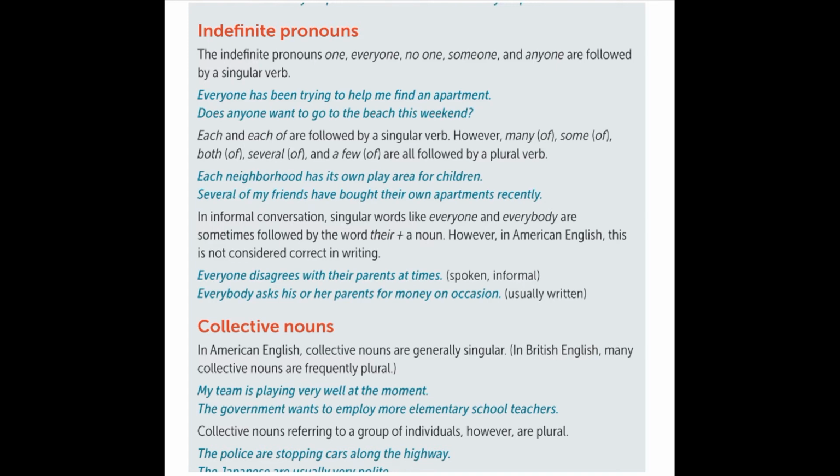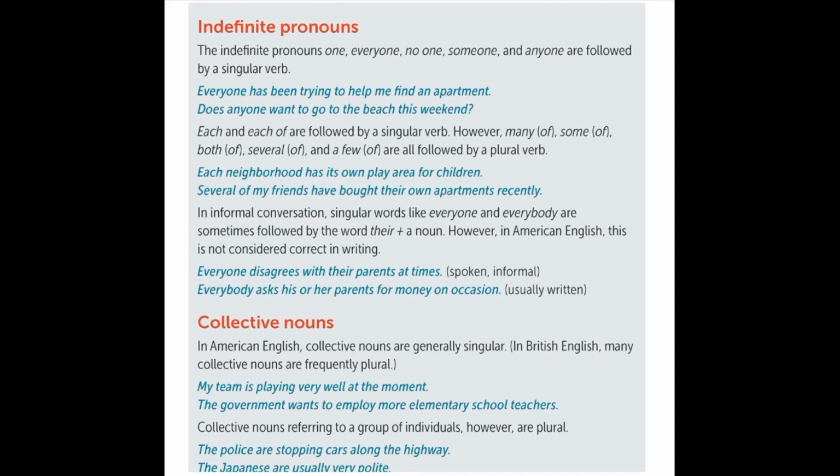In informal conversation, singular words like everyone and everybody are sometimes followed by the word their plus a noun. However, in American English, this is not considered correct in writing. Examples: Everyone disagrees with their parents at times. Spoken, informal. Everybody asks his or her parents for money on occasion.